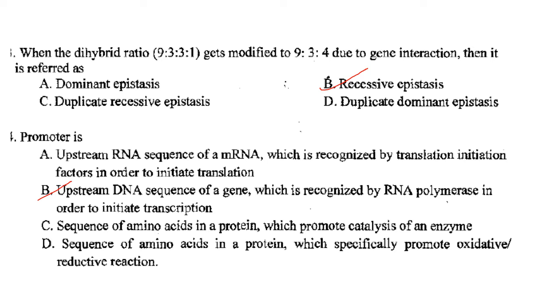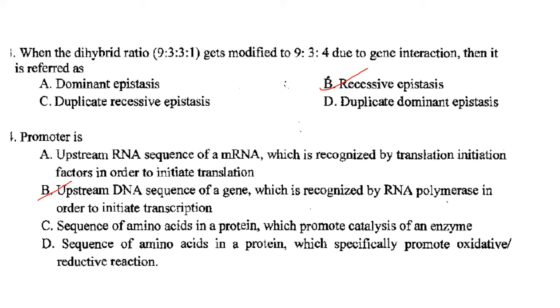Coming to the next question. When the dihybrid ratio 9:3:3:1 gets modified to 9:3:4 due to gene interaction, then it is referred to as recessive epistasis. That is when recessive alleles at one locus mask the expression of both dominant and recessive alleles at another locus, it is known as recessive epistasis, and you will get the dihybrid ratio 9:3:4 due to this particular gene interaction instead of the usual Mendelian dihybrid ratio, that is 9:3:3:1.